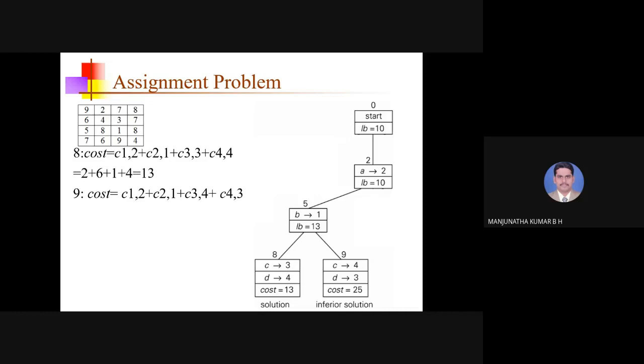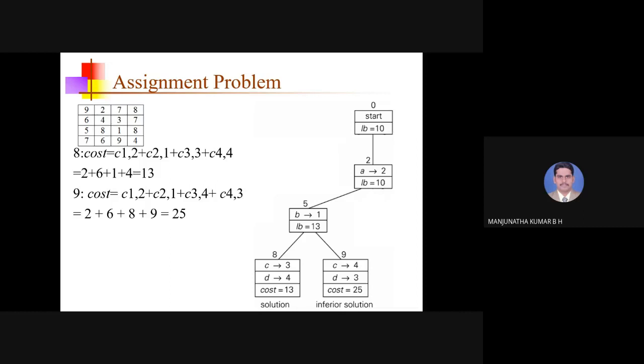Third row means the person C, fourth column because fourth job for person C. So C of 3 comma 4 is how much? C of 3 comma 4 is 8. And C of 4 comma 3 means you are giving job 3 to person 4. So fourth row, third column, how much is it? 9. So the cost will be 25. So the cost of node 8 and node 9 is calculated.